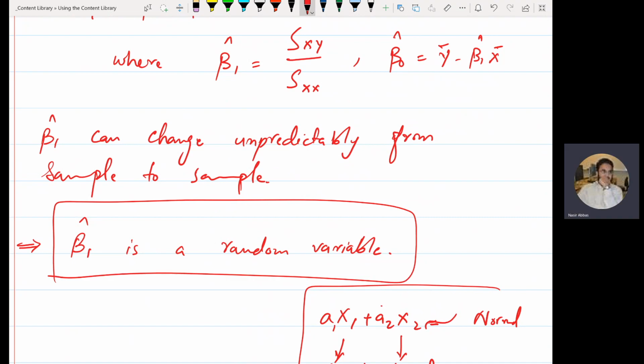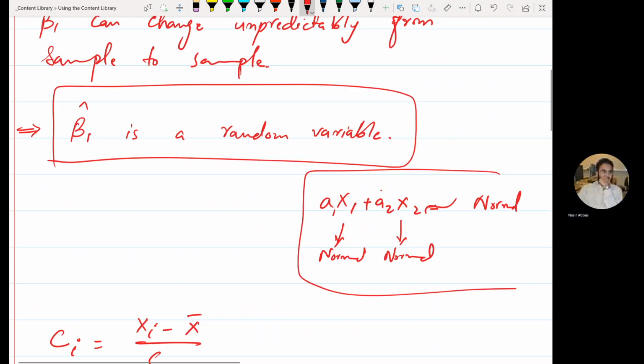Beta 1 hat is a random variable. It's not an assumption. It does change. If I take a sample, from the sample I calculate the slope, I take another sample, will the slope change? It can change. With a different sample, it can change. So it's changing. Something that changes is a variable.